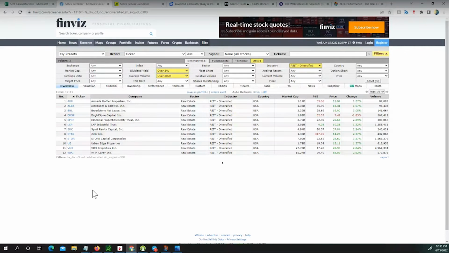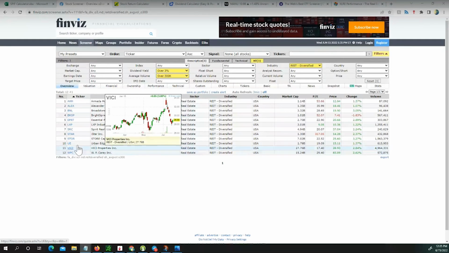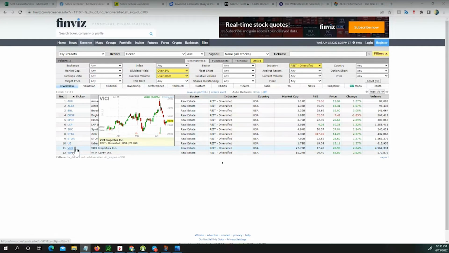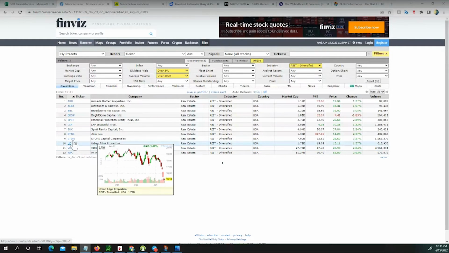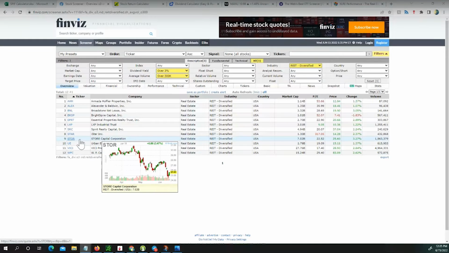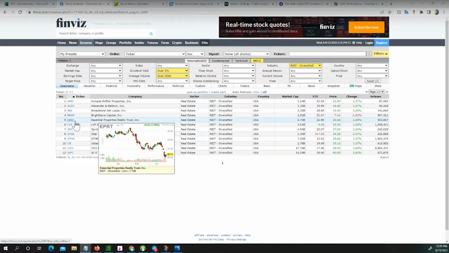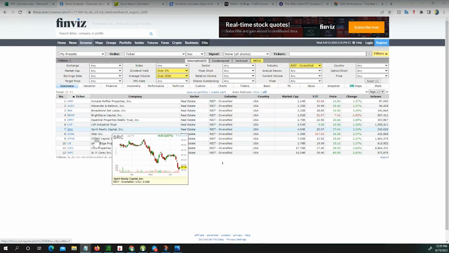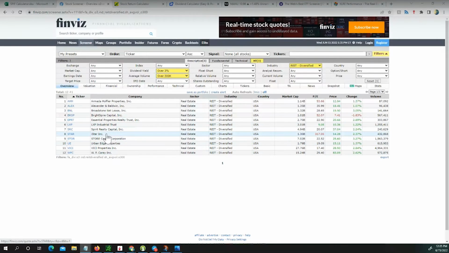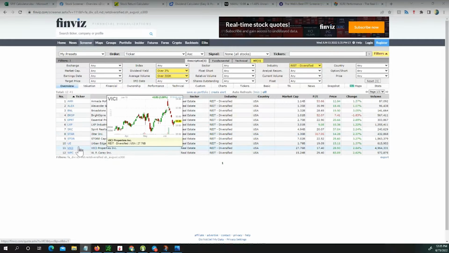And one of them is this VICI. That's a very good real estate REIT. And STORE, which is Store Capital Corporation, is a very good REIT. And this one here, Essential Properties Realty Trust. Very, very good one. So just to ease up on how we're doing this, I'll look at, say, this VICI.